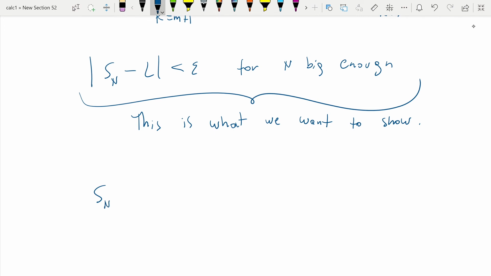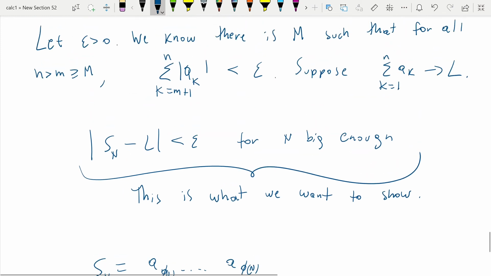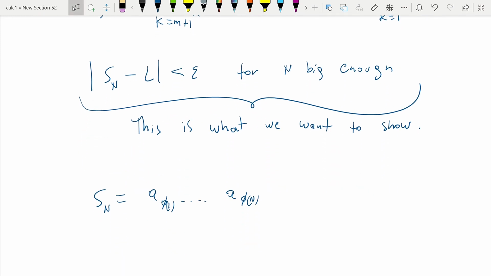Since we know that S_n is the sum of some of these terms in the original sequence, we're going to choose n.